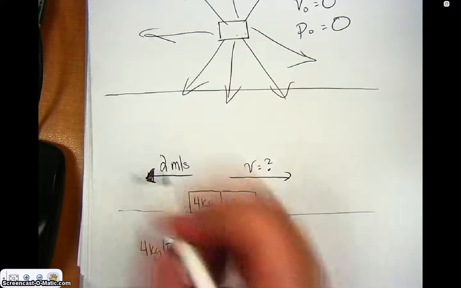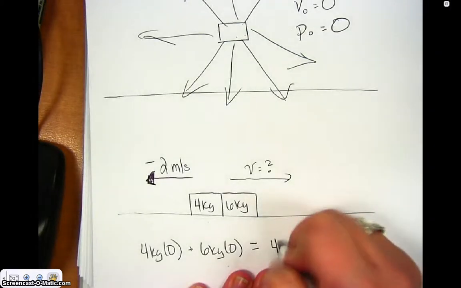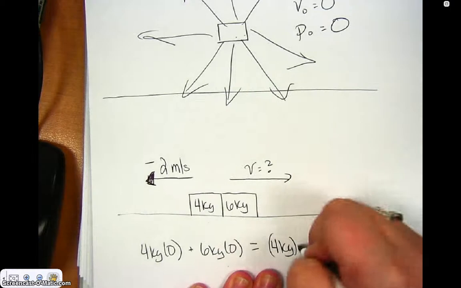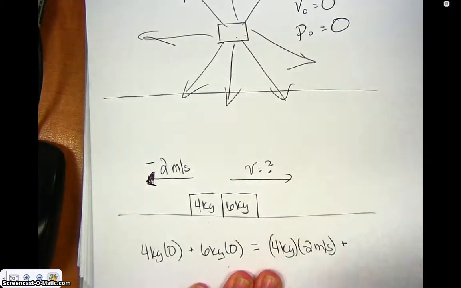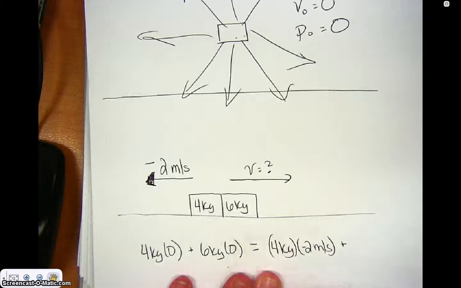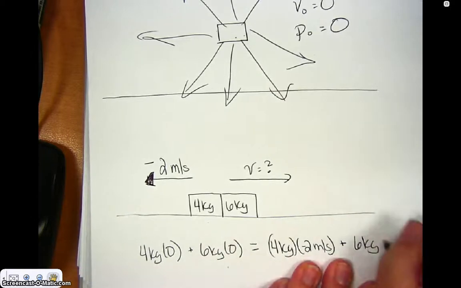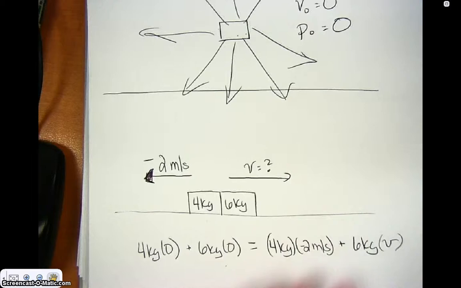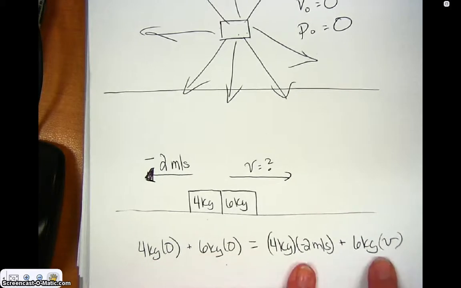Let's make left the negative direction. So we have 4 kilograms times negative 2 meters per second, added to the mass of 6 kilograms times its velocity. The total momentum after has to be equivalent to the total momentum before.